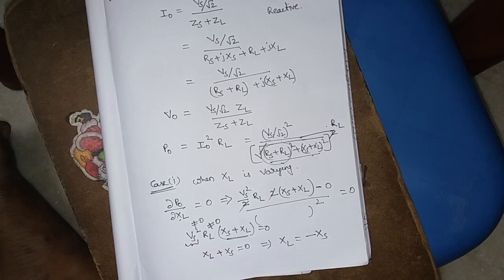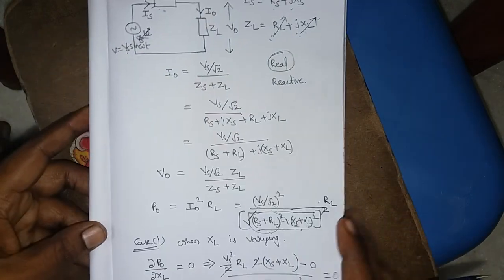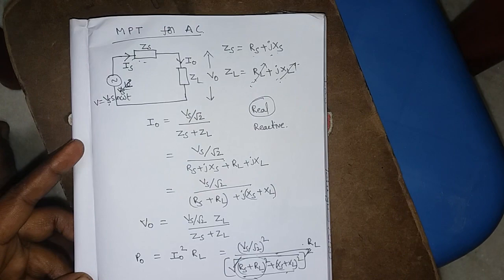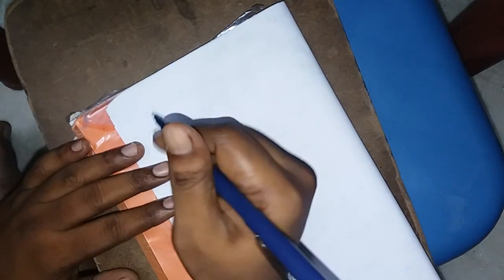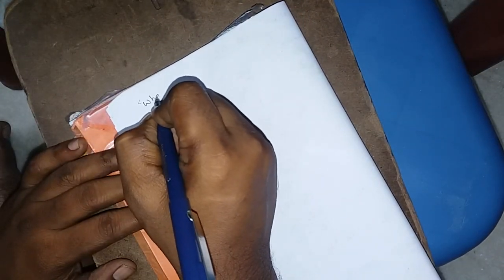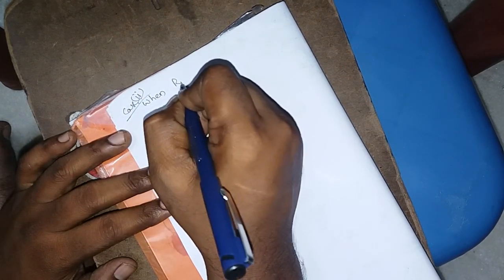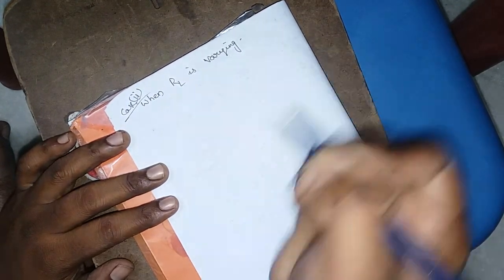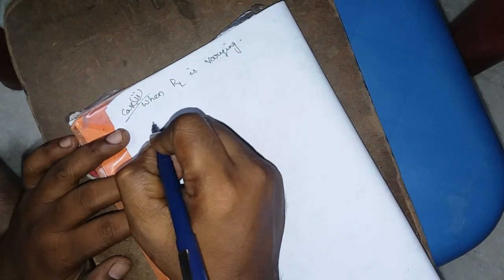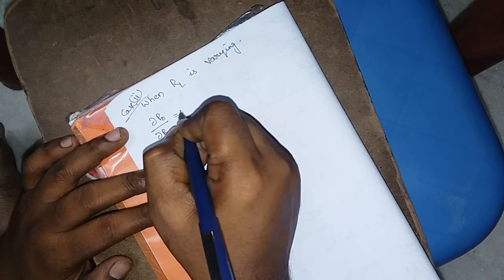Now let us check case 2, when RL is varying. Here also, partial P0 by partial RL is equal to 0.